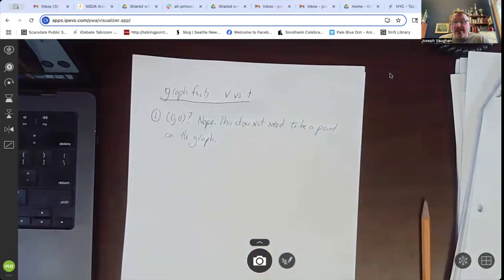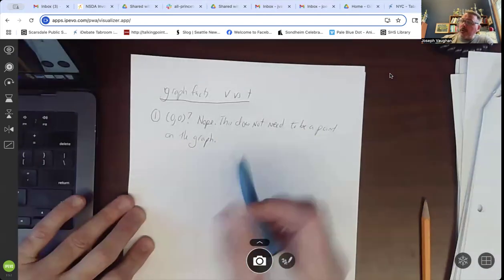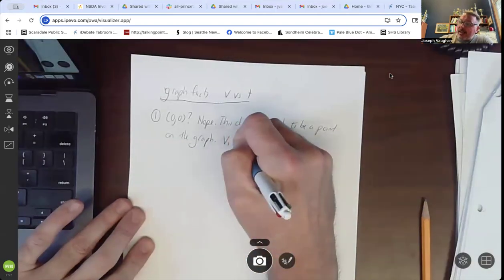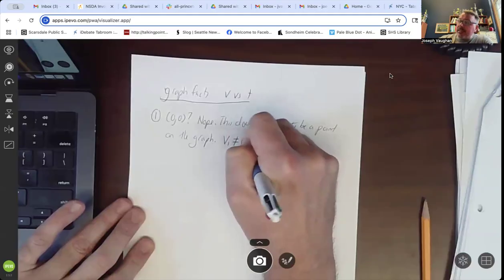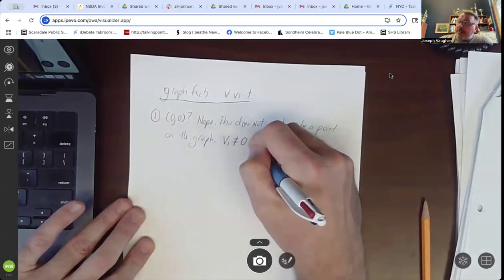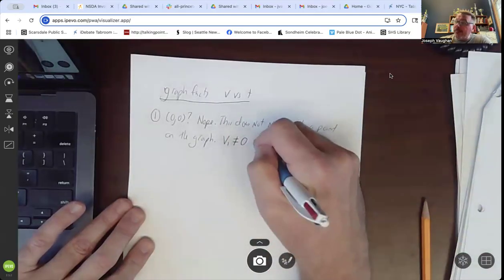I can start the clock when I start caring about it, like we did in the truck lab. That object was already moving when I started caring about it. In this example, I told you the initial velocity was 0, but that doesn't necessarily have to be true. So this does not need to be a point on the graph, because if VI is any number other than 0, 0, 0 will not be a point on the graph.